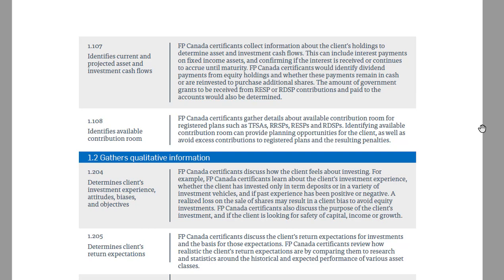Well, FP Canada's certificates gather details about available contribution room for registered plans such as TFSAs, RRSPs, RESPs, and RDSPs. Identifying available contribution room can provide planning opportunities for the client, as well as avoid excess contributions to registered plans and the resulting penalties.